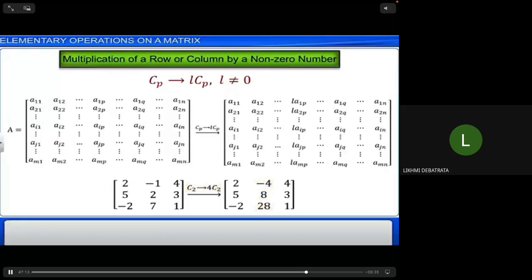Every number in that particular column should compulsorily be multiplied by 4. Did you understand here? Yes, sir.